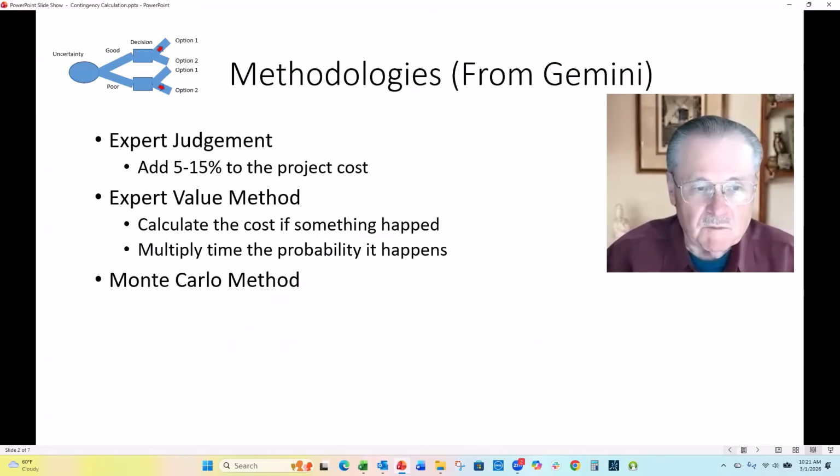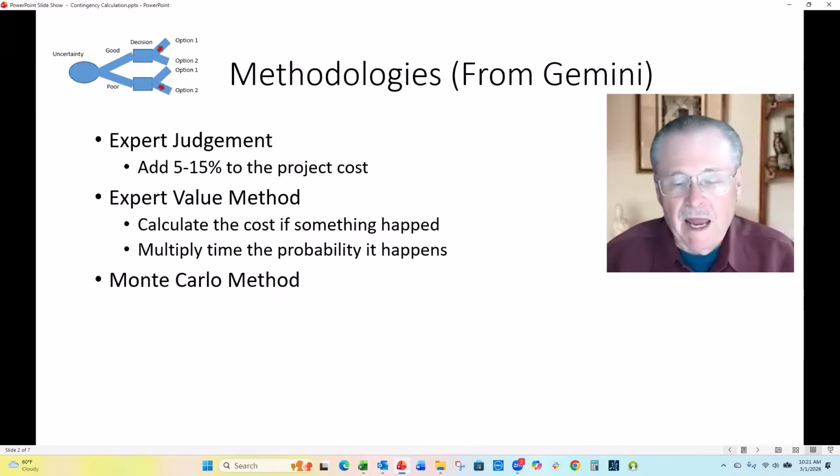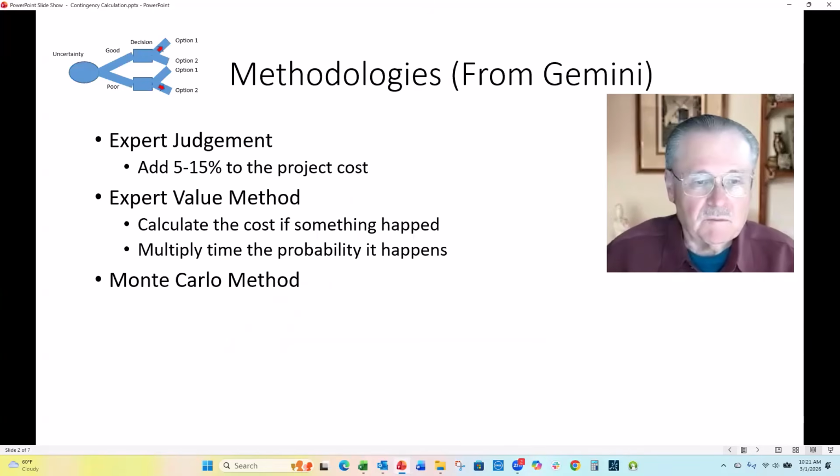Expected value method: calculate the cost if something happens, multiply that times the probability it happens, and add those up. And then the Monte Carlo method, more elaborate, they contend for larger projects. However, I would contend with today's computers and technology that could probably be applied to almost any project.